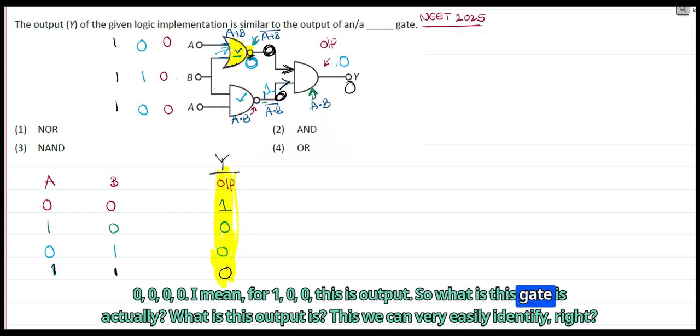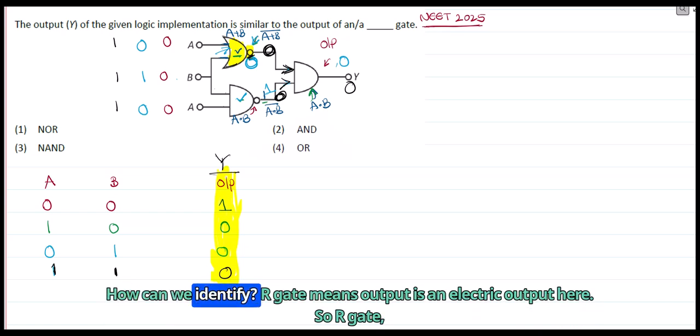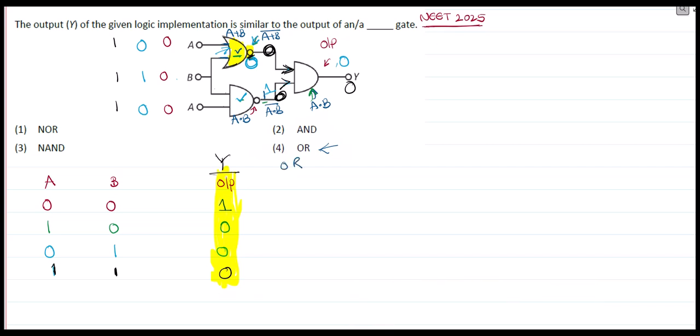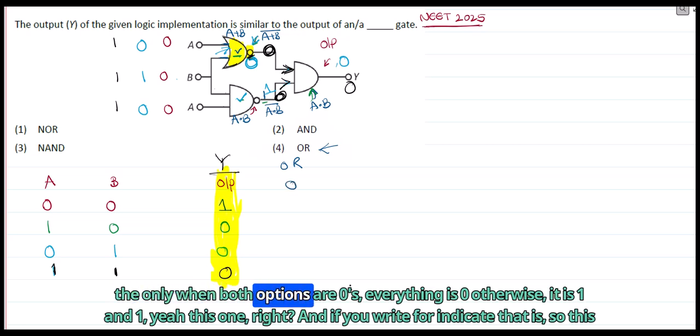So what is this gate actually? What is this output? We can very easily identify it. For an OR gate, the output is 0 only when both inputs are zeros, otherwise it is 1.